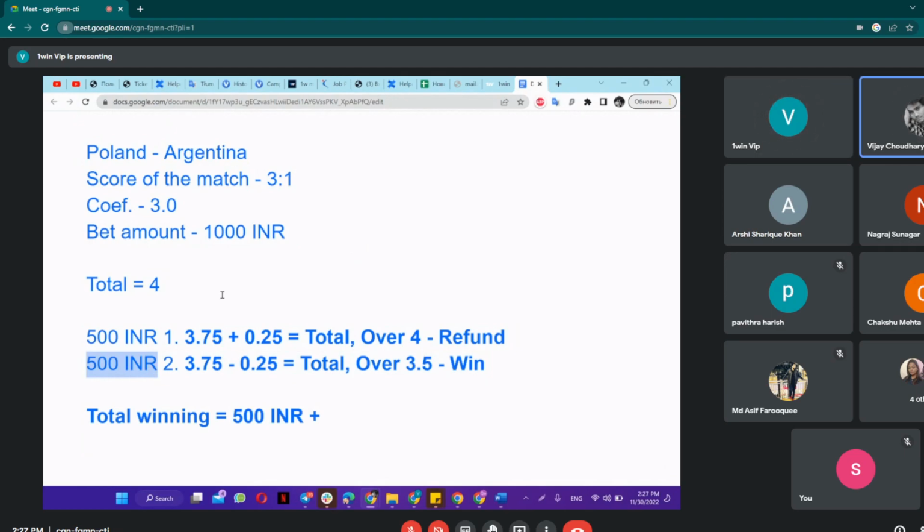Winning amount multiplied by the coefficient, 1500. How much will it be? 1500 INR. So in total, it will be 2000 INR.